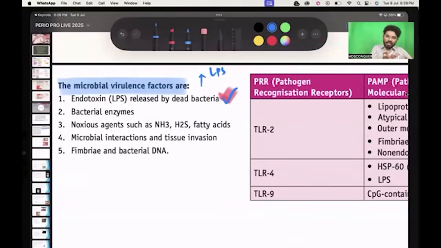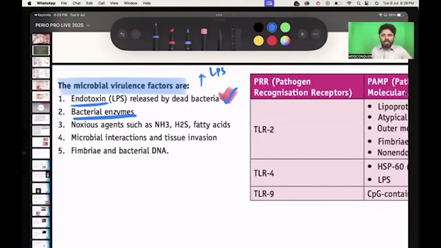Whenever they die, these lipopolysaccharides release a toxin called endotoxin. We'll learn about the differences between endotoxin and exotoxin in your microbiology. So endotoxin is very, very important in causing periodontal pathogenesis.